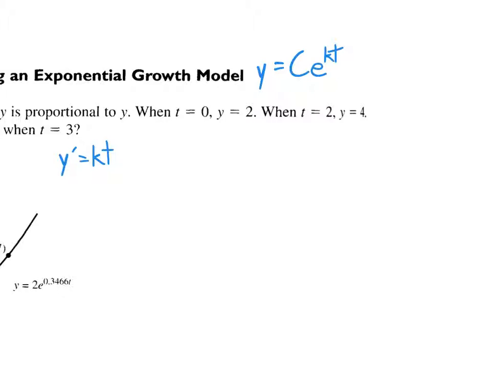Now, when t is 0, y is 2. What does that tell us? The initial value is 2, so that means c equals 2. So now I have my function y equals 2 e to the kt. So now what can I do?